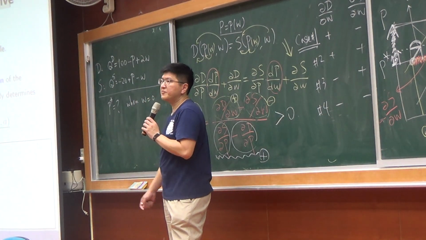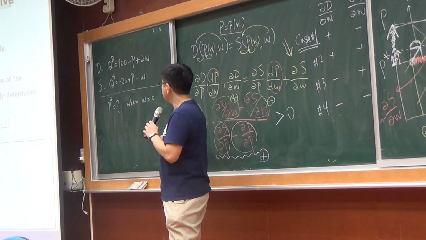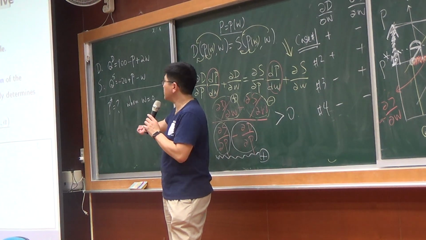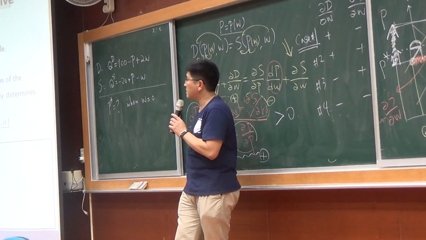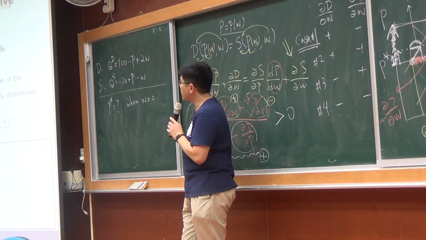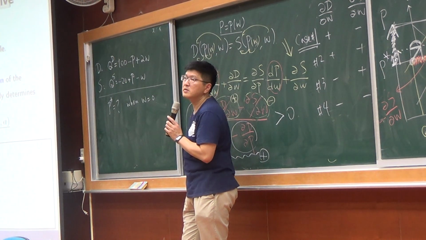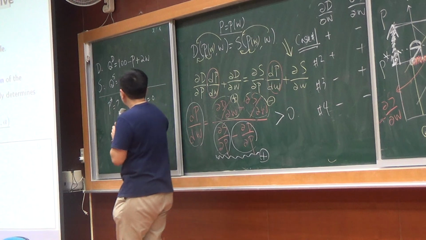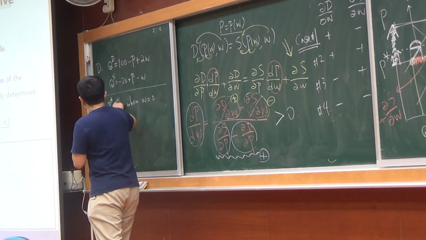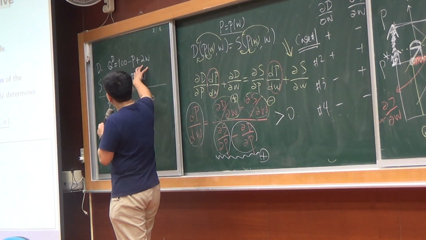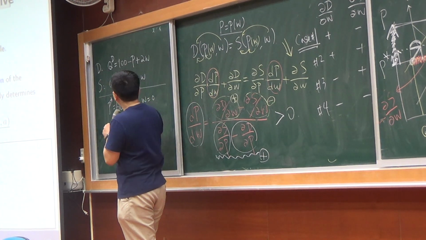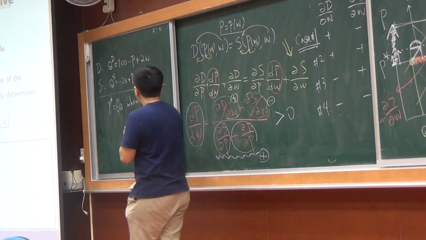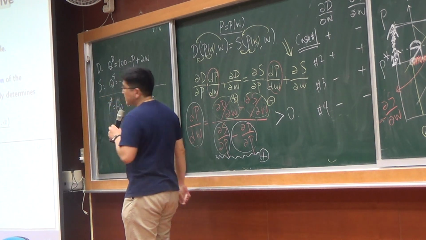Alright, let me give you a numerical example. Would you please tell me what the equilibrium price P star would be when W is set at 0? 60, right? So P star would be 60. When W equals 0 and quantity demanded equals quantity supplied, it's 120 and 2P, so it's 60, is that right? And what about when W increases by 1 unit?